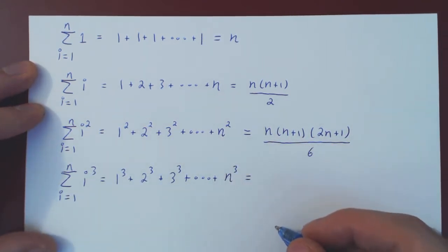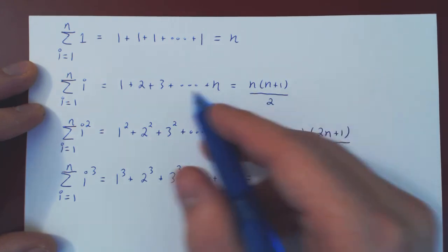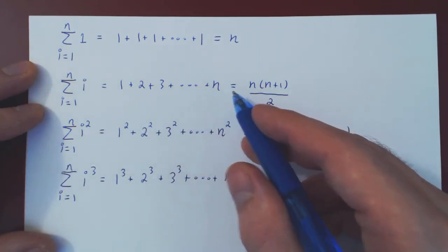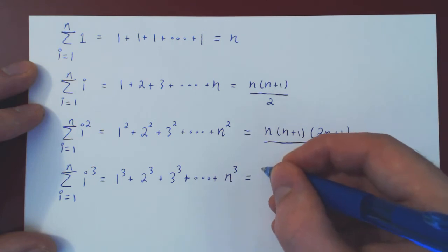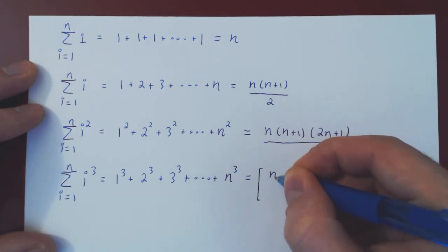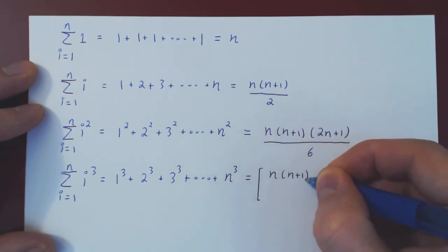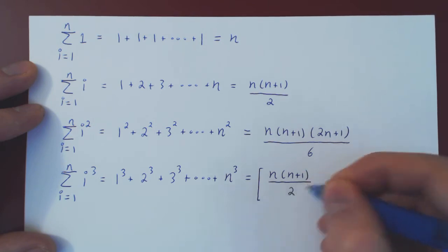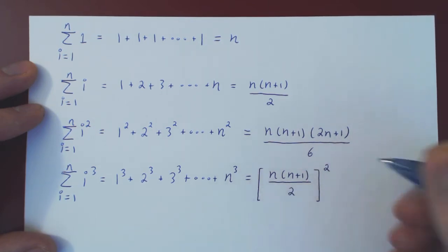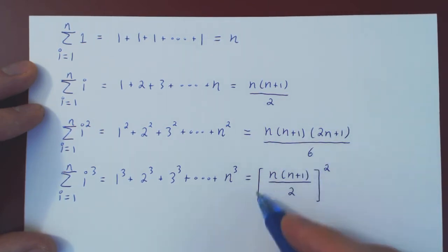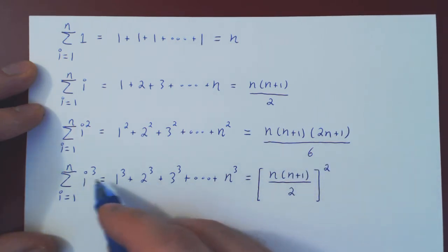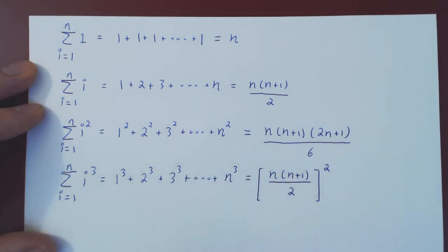What's nice about this one is it's just the sum of i from 1 to n, squared. So it's really easy to remember. n times n plus 1 over 2, and you square the whole thing. And that is your shortcut formula for the sum of the first n cubes.